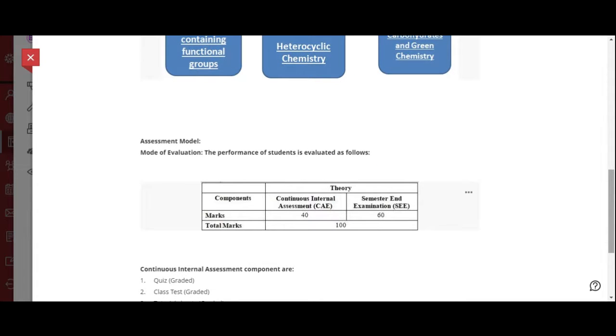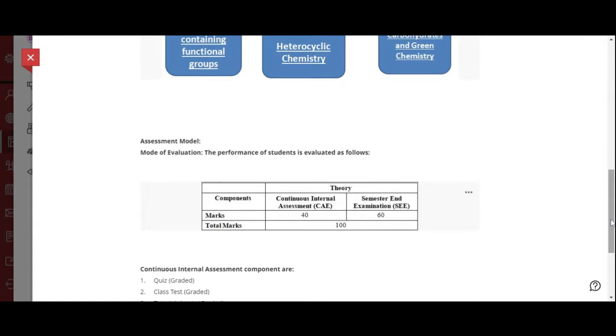And mode of evaluation, you all know that the theory is further distributed into two components. One is internal assessment and the other is external assessment, that is the semester examination. Okay, so your internal is of 40 marks and external is of 60 marks.